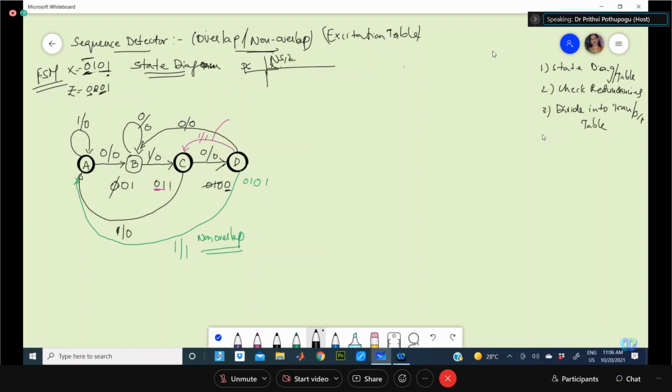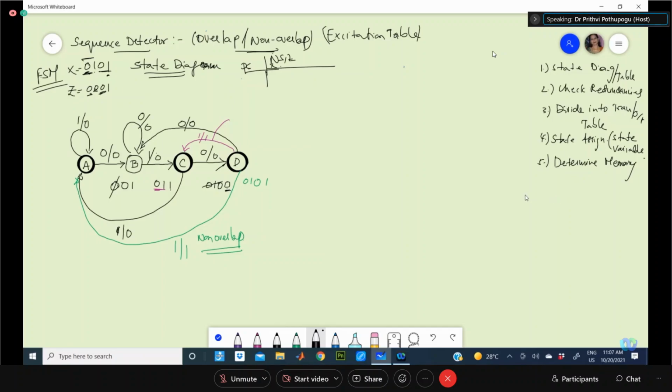Next one is state assignment, which means the states will be assigned with state variables. Next step, determine the type of memory used. That means memory can be a D flip-flop, JK, SR or T.